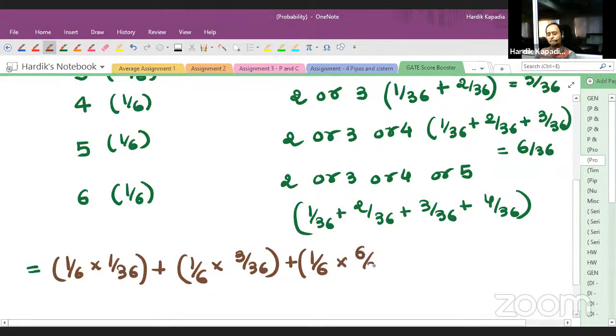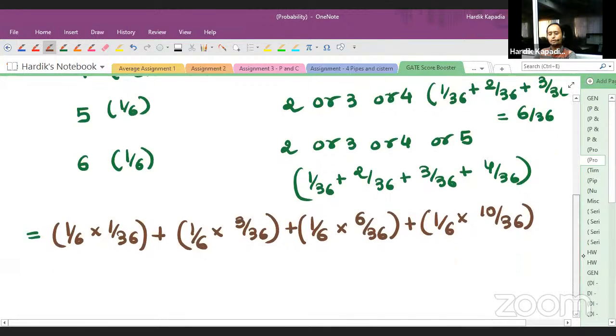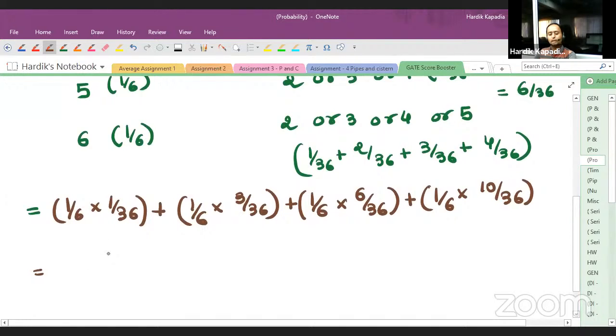So into 6 by 36 plus 1 by 6 into 4 plus 3 plus 2 plus 1, 10 by 36. So it is 20 by 216 and your answer is 5 by 54.